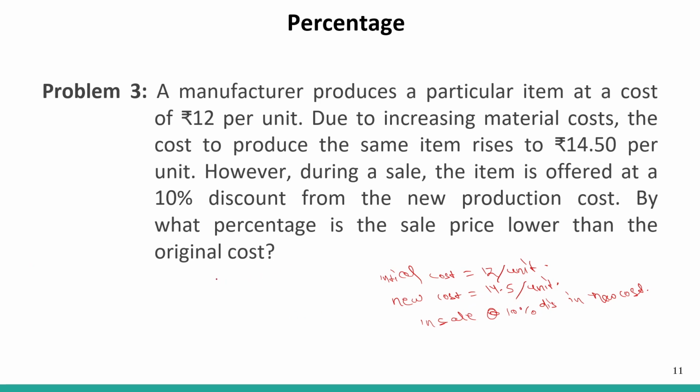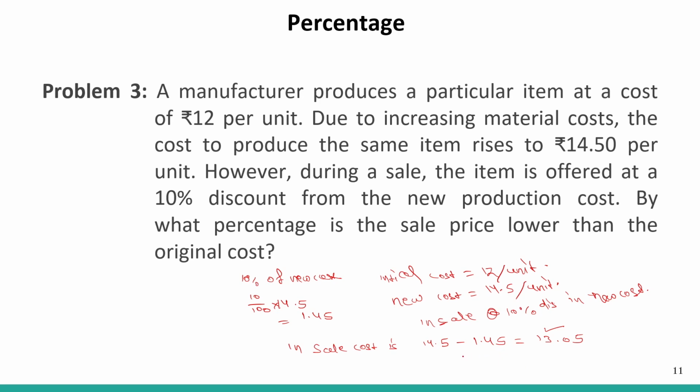Let's see what the price is at sale time. 10% of the new cost is 10 by 100 into 14.5, which is 1.45. With this discount, the sale cost is 14.5 minus 1.45, which is 13.05. So the price of the item in the sale is this much.